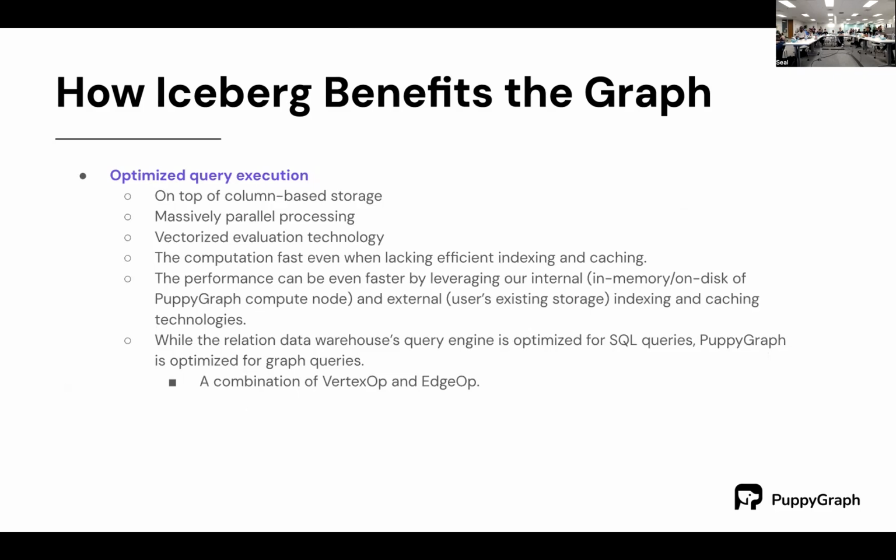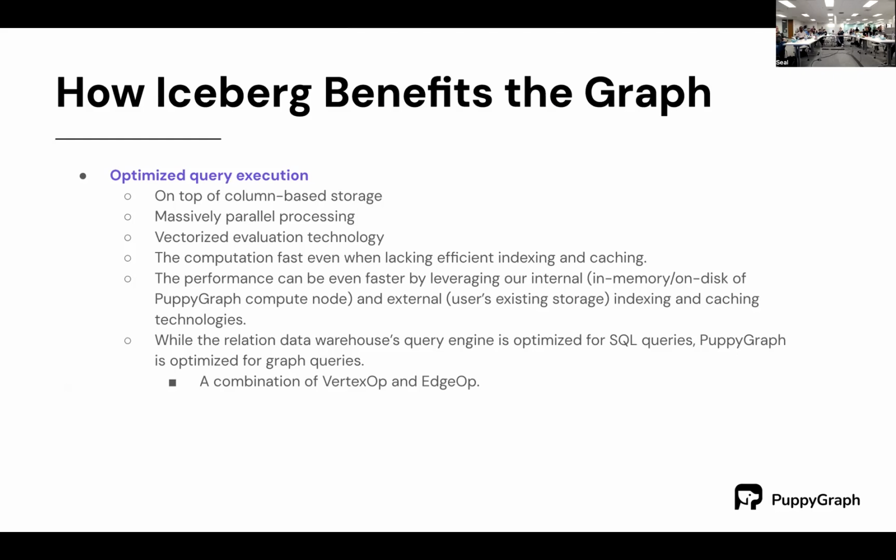But what is the difference between the graph query engine and the SQL query engine? The SQL query engine is definitely optimized for SQL queries, but for graph traversal queries, the basic operators are no longer aggregate, join, table scan, and so on. We define two operations: one is the vertex operation, another is the edge operation.